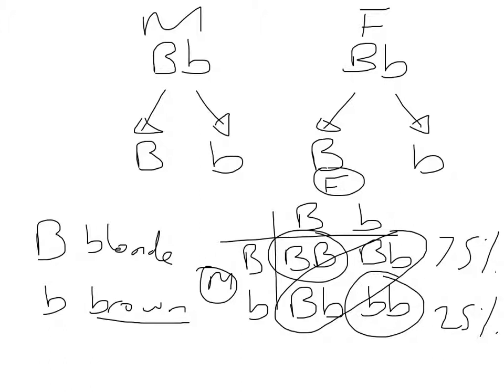Now these are the expected percentages for each offspring. It's important to realise that for each child there is a 75% chance of them having blonde hair and a 25% chance of them having brown hair. It doesn't mean that if a couple have 4 children, they will definitely have 3 blonde-haired children and 1 brown-haired child.